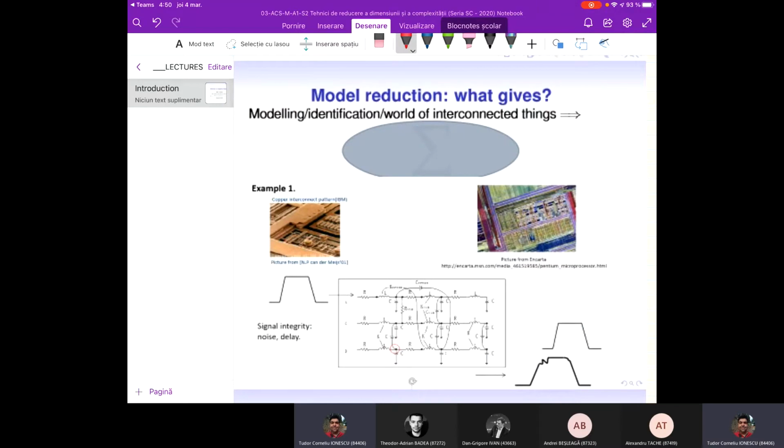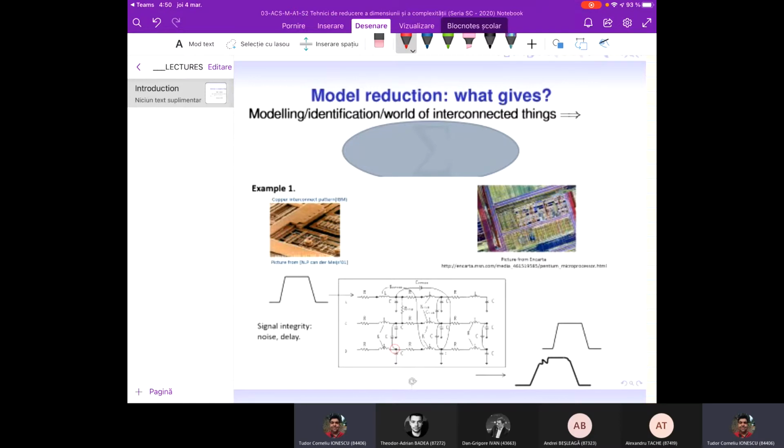Now, again, the question is, the mathematical model yielded by your technique is good, fine. But what if it's too complex and too difficult to compute or use for anything for that matter? So why do we need model reduction?